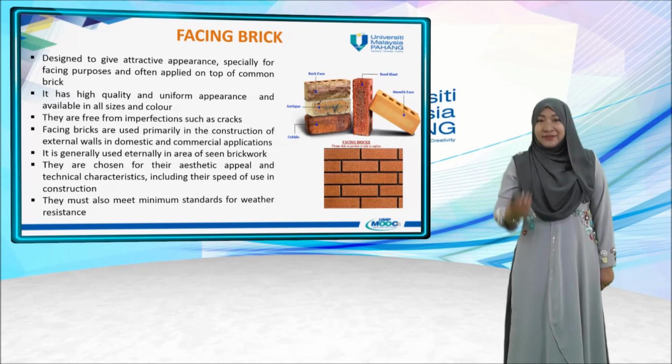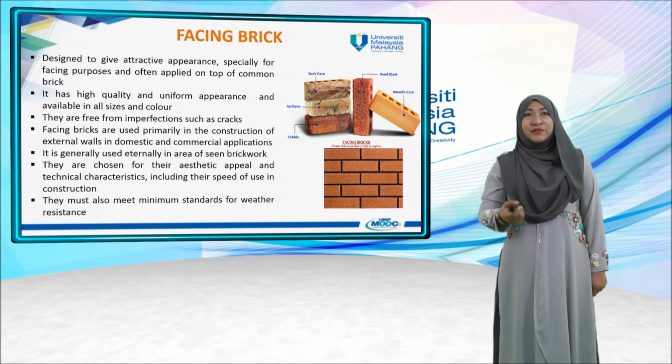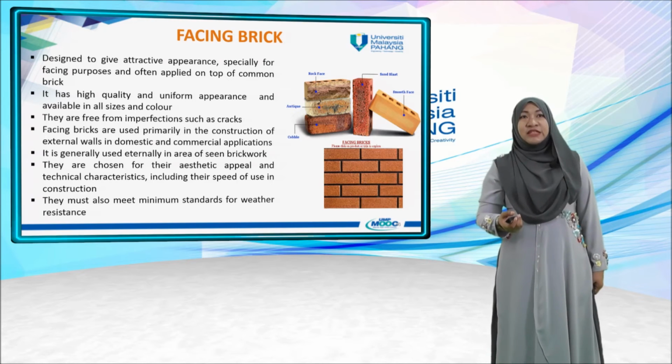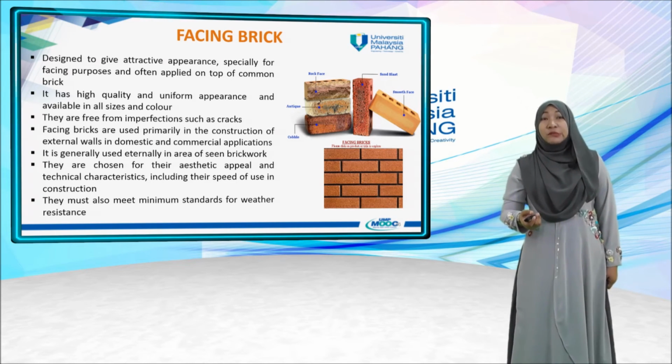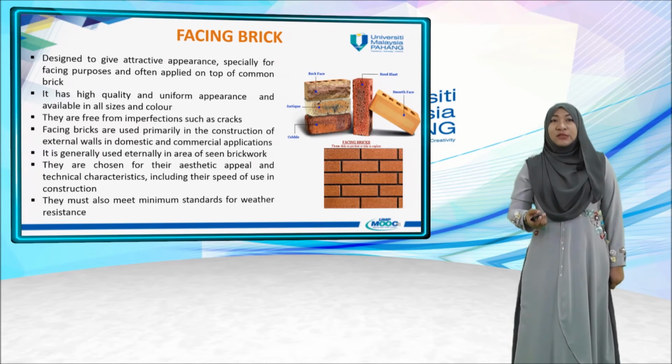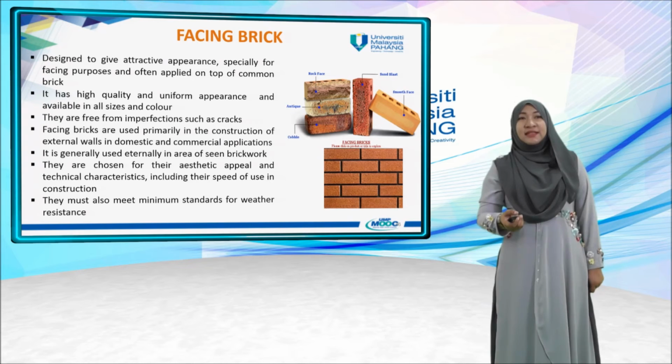And then what is facing brick? Facing brick is designed to give an attractive appearance, especially for facing purposes, and is often applied on top of common brick. It has high quality and uniform appearance and is available in all sizes and colors.